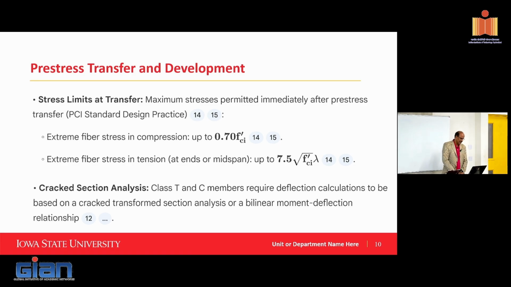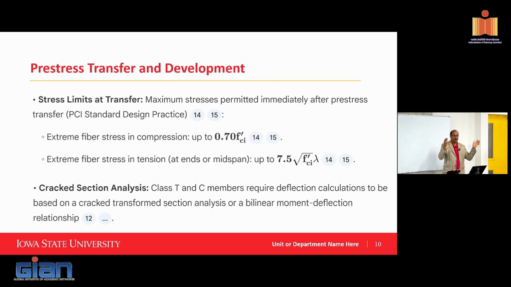The prestress transfer is the other thing we talked about. The development, hopefully you understand, the development of prestress forces. When you pull at the end of the prestressed beam, you haven't released the pretension force into the concrete.